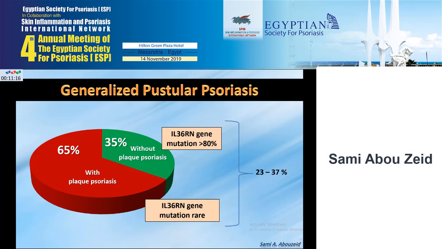The gene mutation occurs in more than 80% of cases of pustular psoriasis without plaque psoriasis, and only rarely in cases of pustular psoriasis with plaque psoriasis, giving an overall incidence of mutation of 23 to 37%. But here, as I am showing you, the mutation is in most cases of pustular psoriasis without plaque psoriasis.